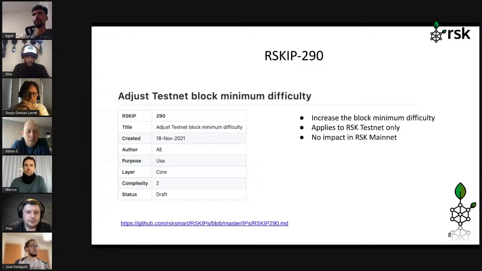This RSK IP proposes to adjust minimum block difficulty in Testnet from around 100K to about 500 million. This value is hard-coded in the code, and it is part of the consensus. And the reason why we need this is that sometimes in Testnet network, difficulty skyrockets.